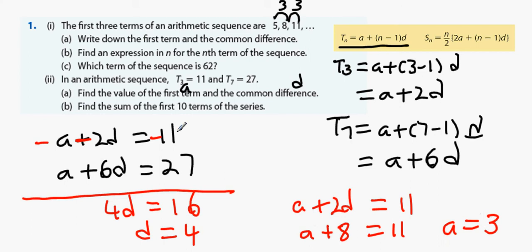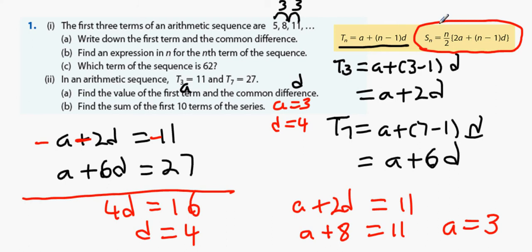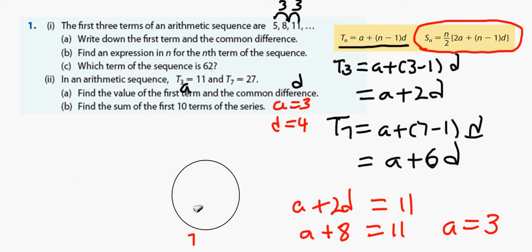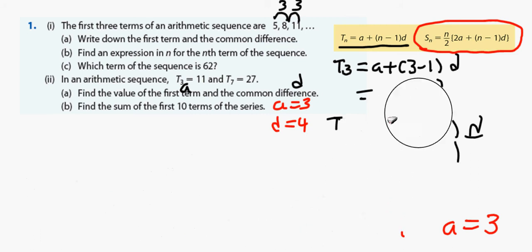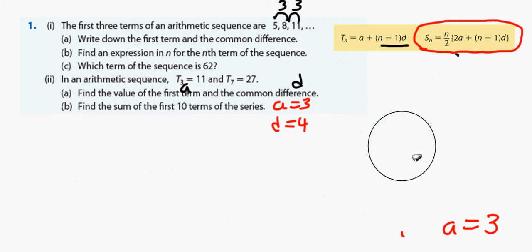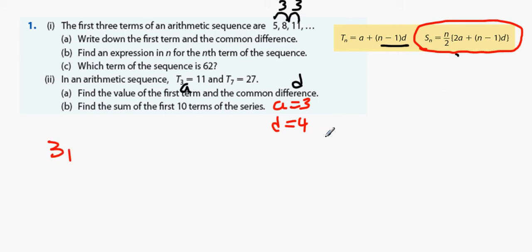Okay, the next thing it asks us to do is find the sum of the first 10 terms of the series. Remember, a is 3 and d is 4. The sum of the first 10 terms is Sn. This means what they all are when added together. If you imagine the numbers in this series, we start off with 3, and then we go up in 4s.